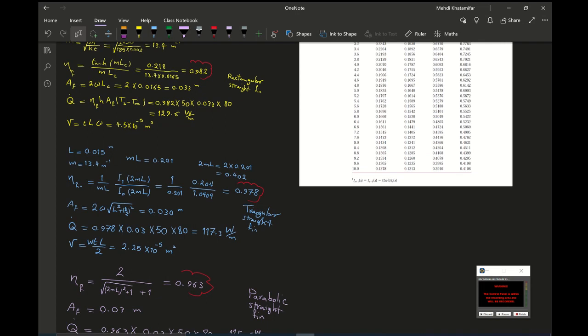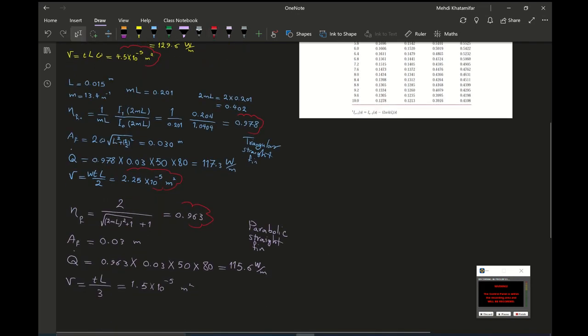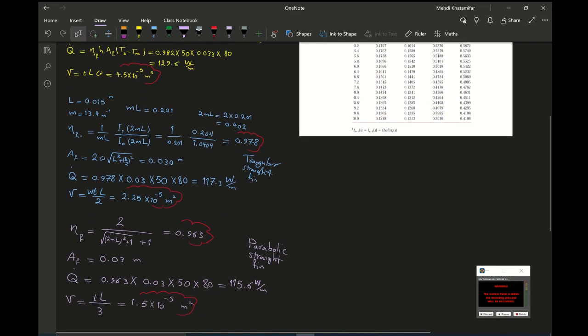But if you check the volume, the rectangular one has the highest, and then the triangle is almost half of it, and the parabolic one is even lower, almost half of that volume. And although the volume is half, the efficiency drop is less than 10%.